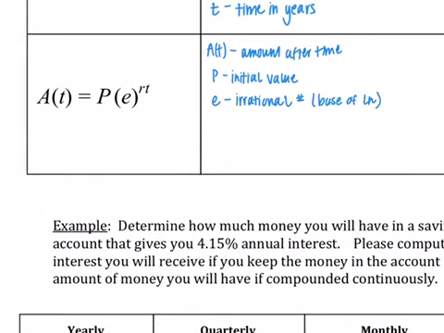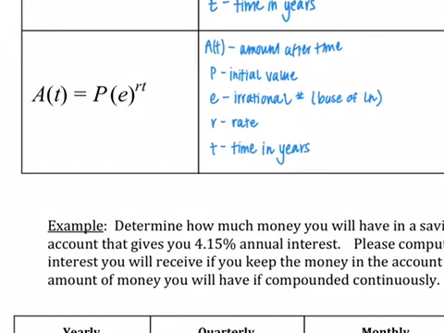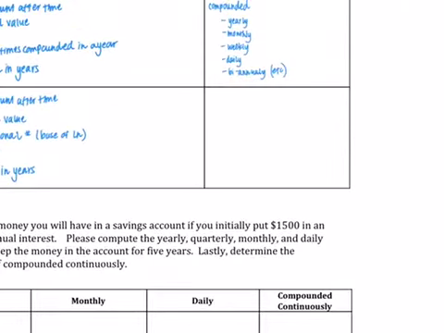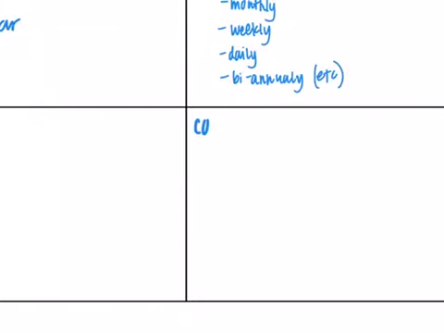And that's what we use as our base when we're compounding continuously. R is still your rate, and T is still time in years. So when do we use this? Well, we use this one when it says the word compounded, but then it's followed by continuously.